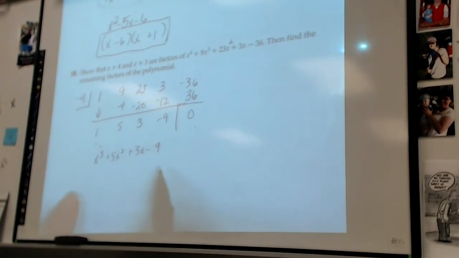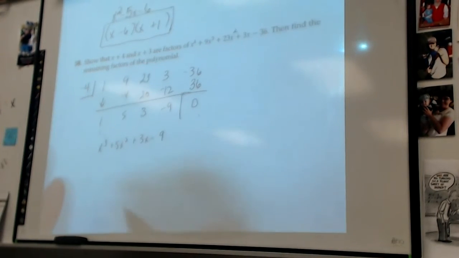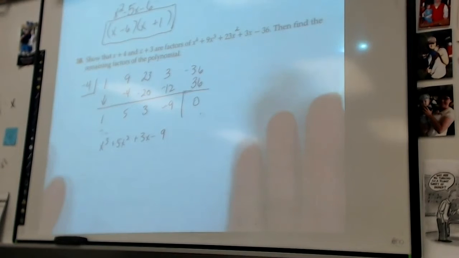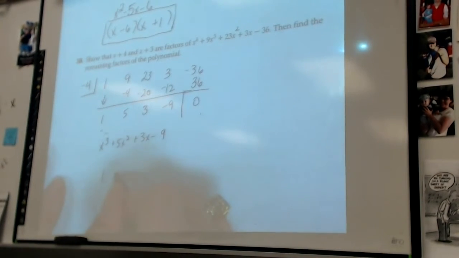We can take these new coefficients and prove x plus 3. And then when we get through, we'll have a quadratic. So 1, 5, 3, negative 9, and we put negative 3 here.